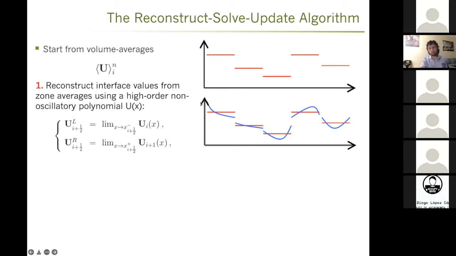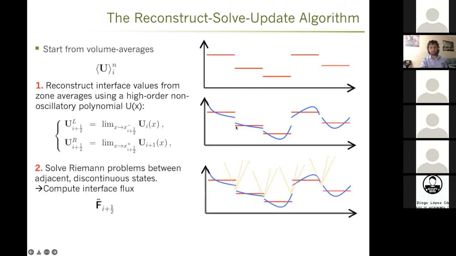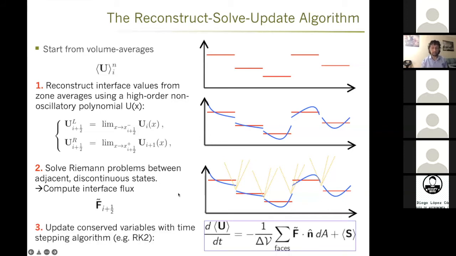That will give you the blue curves, which will end up being discontinuous at the interface anyway. At this point, between these two discontinuous values, you want to solve a Riemann problem, giving you the wave structure represented schematically by the yellow dotted lines. That will give you the flux. And once you have the flux, you can update your solution using any kind of Runge-Kutta, for example, time-stepping algorithm, by using this form, essentially.